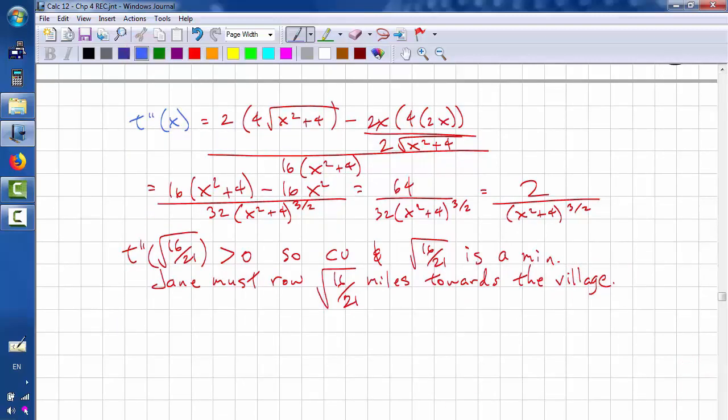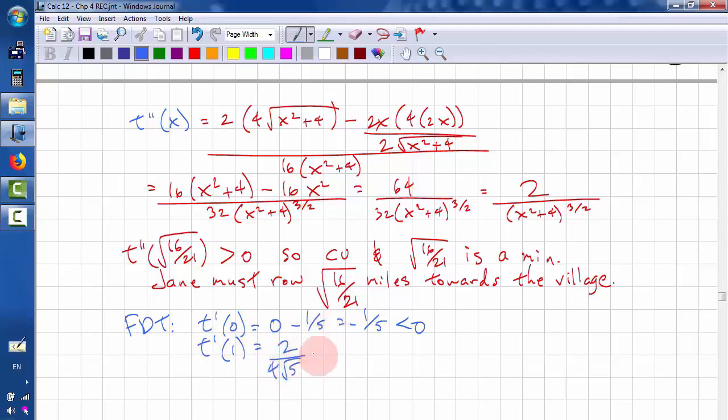Okay, if we look at the first derivative test, we need to do t prime of 0. That equals 0 minus 1/5. That's negative 1/5, and that's less than 0. t prime of 1 equals 2 over 4 root 5 minus 1 over 5. We need to have entire radicals.